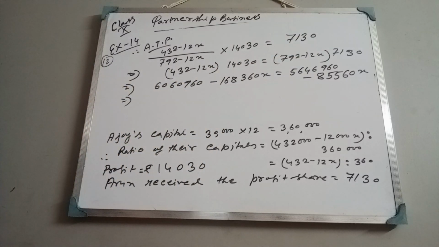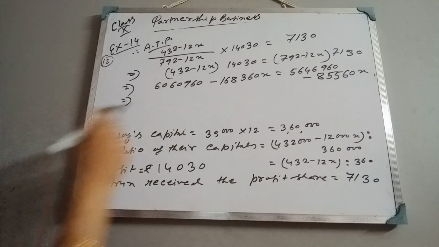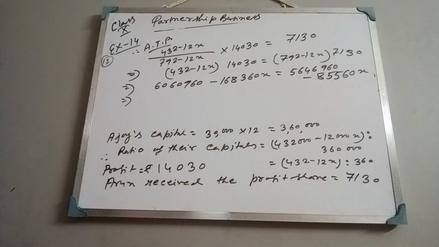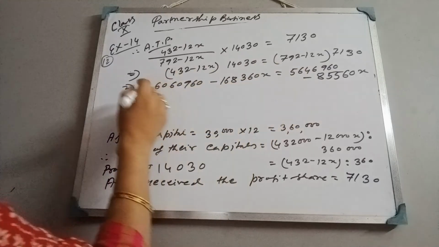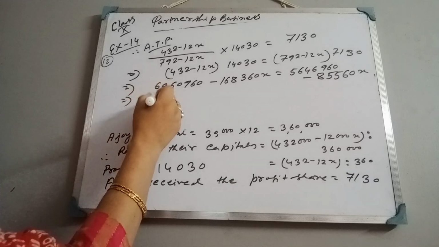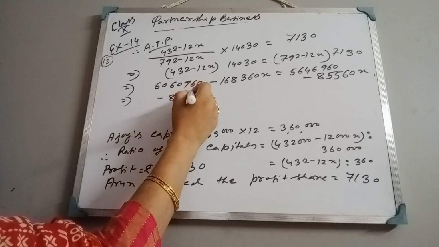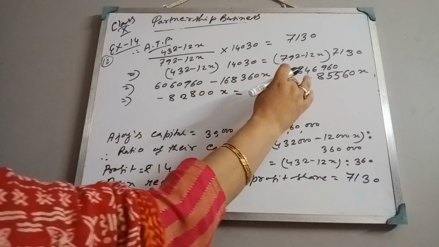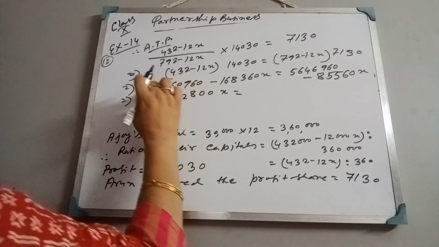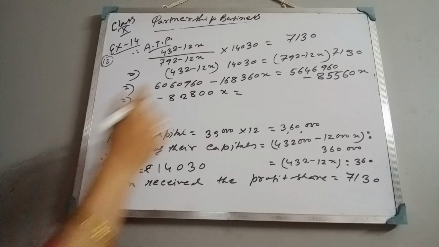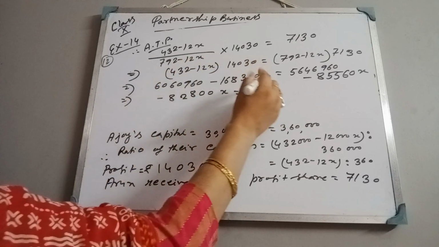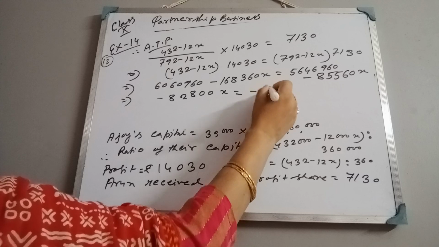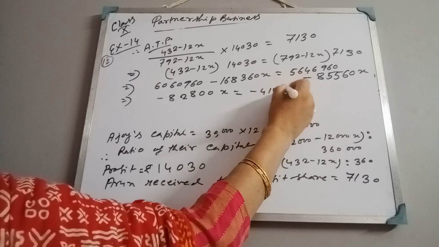Then what we will get? Minus 168360x plus this, then we will get minus 82800x, and 5646960 minus this, this part is more, so we will get minus 414000.